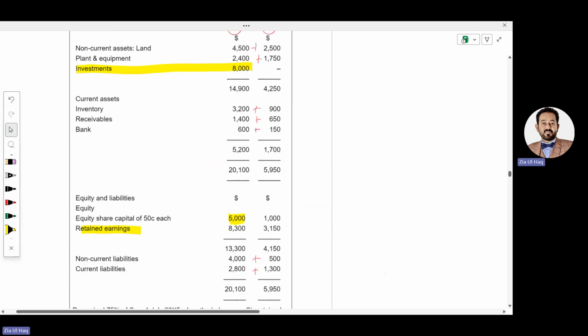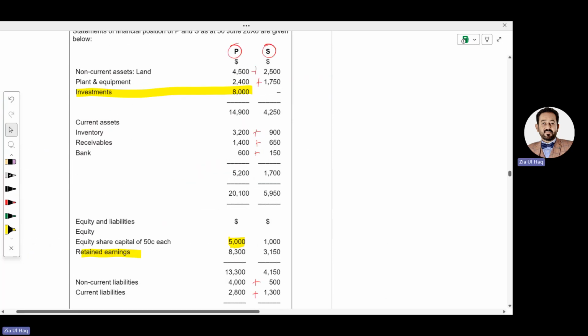While preparing the consolidation, non-current assets will be added, plus we need to add the fair value gain given in the question. Plant added. Instead of this, we will record goodwill. We need to calculate it. Inventory will be added, but from receivables we need to subtract 400. In a similar manner, from payables under current liabilities, we need to subtract 400. The remaining things we have already discussed how to calculate.